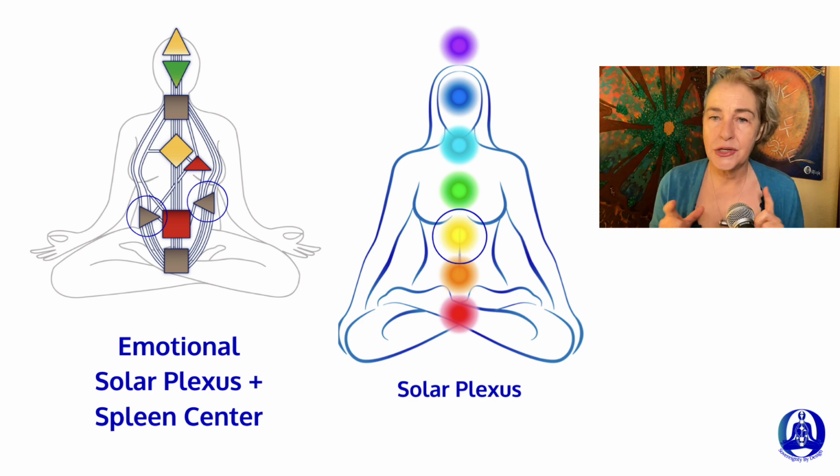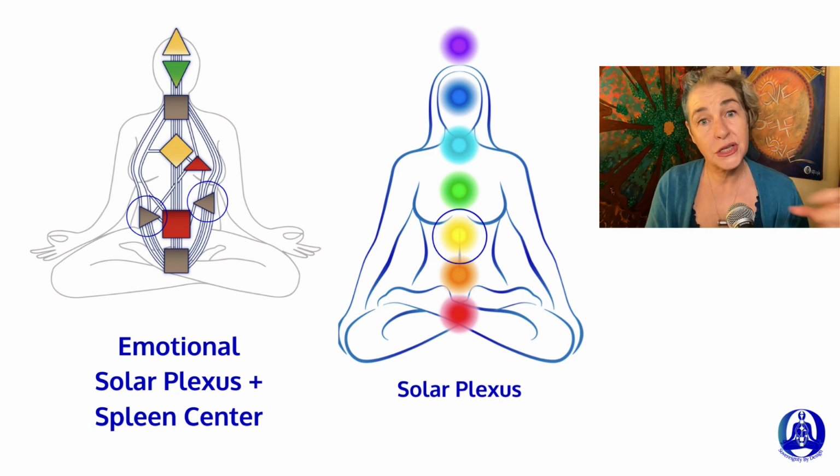Now, the challenge here sometimes is that if we're still identifying more with fear and survival, which is what the spleen is about, in its more awakened and evolved state, the spleen is highly intuitive, but it's often experienced as a place of instinct and instinctual fear.